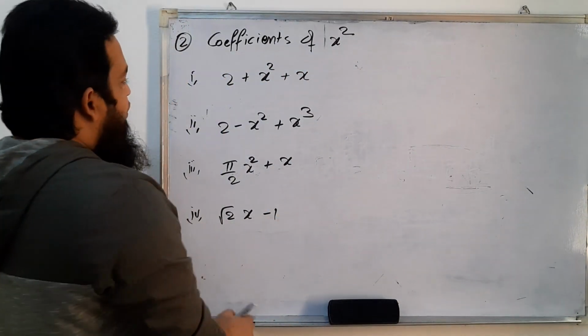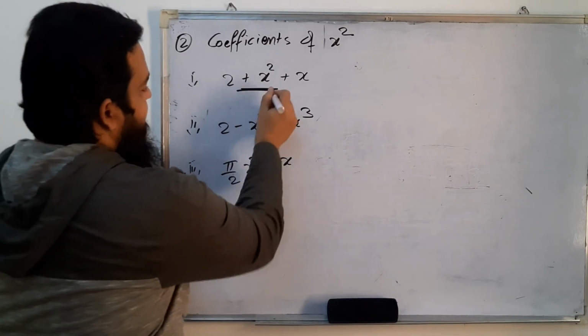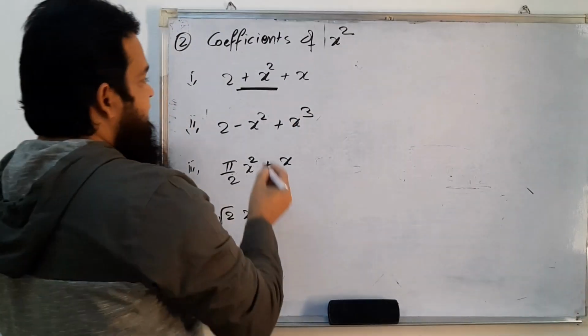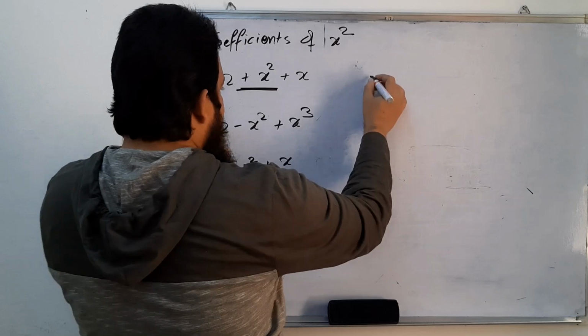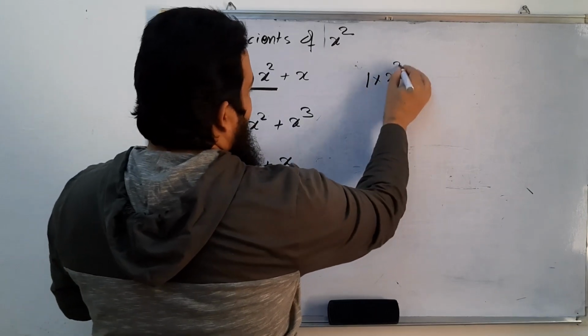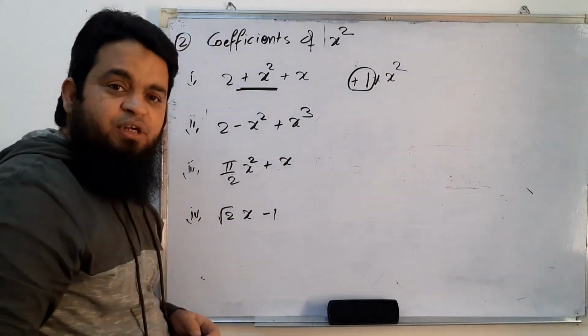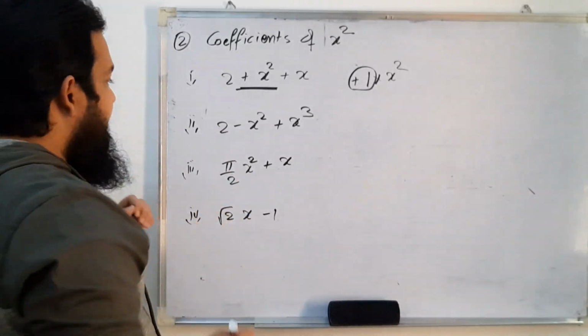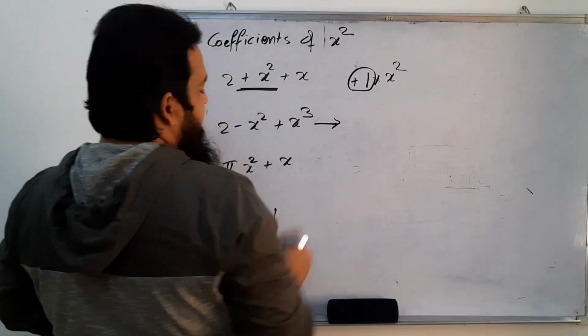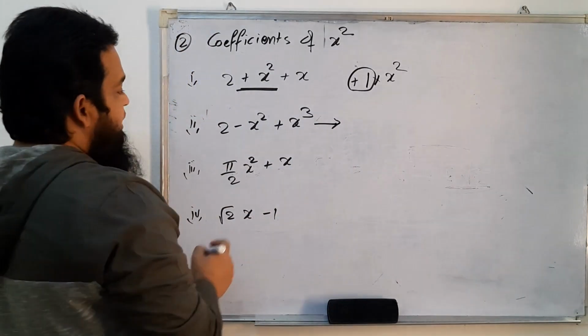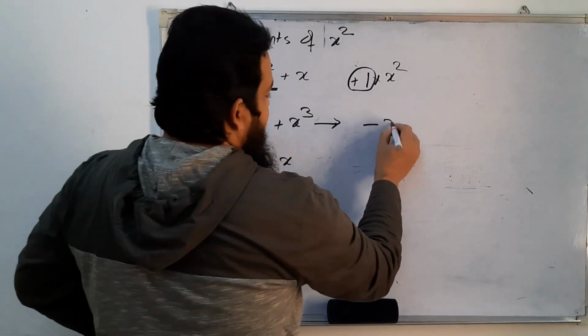What is the coefficient of x square? When no number is there, it is nothing but 1 times x square. So already you have a plus sign. So the coefficient of x square is plus 1. And in this problem, it is given minus x square.